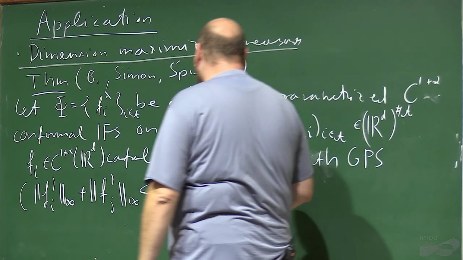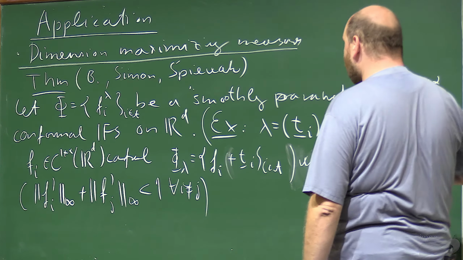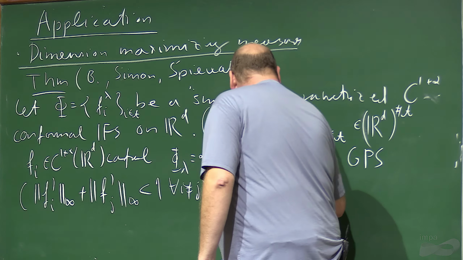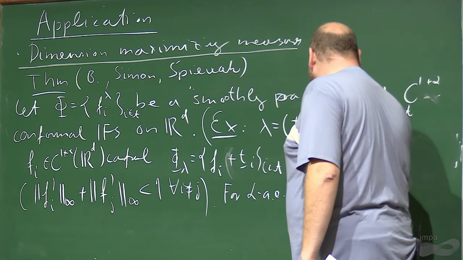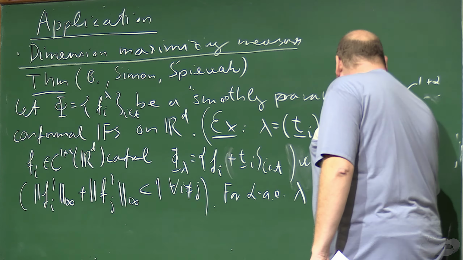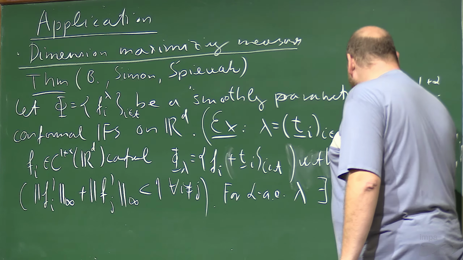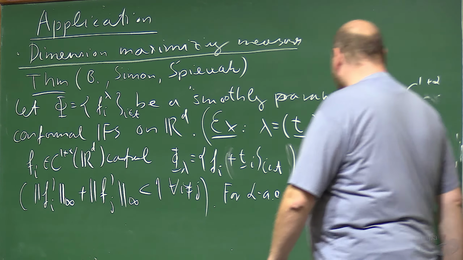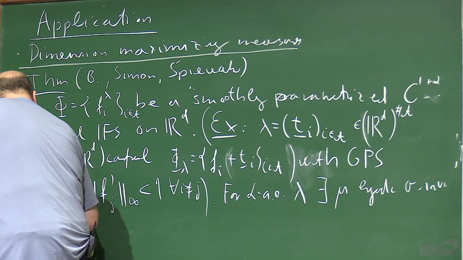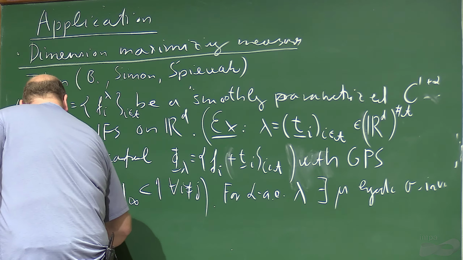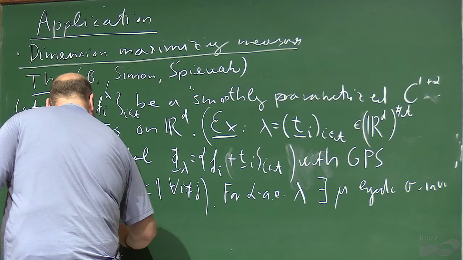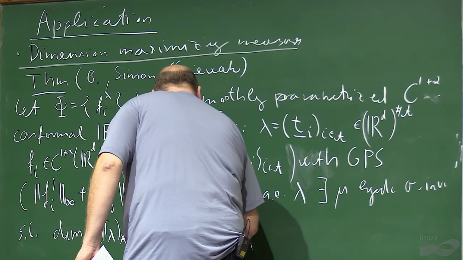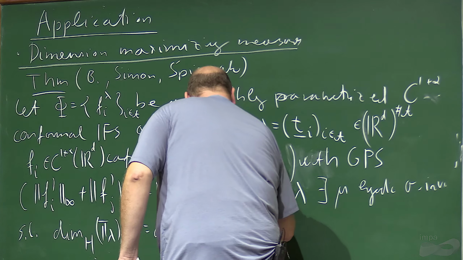Okay, so in this case, for Lebesgue almost every choice of the parameters, there exists a measure mu, ergodic shift invariant, such that the Hausdorff dimension of the push forward of this measure equals the Hausdorff dimension of my attractor, which equals the minimum of 1 and S naught of lambda.